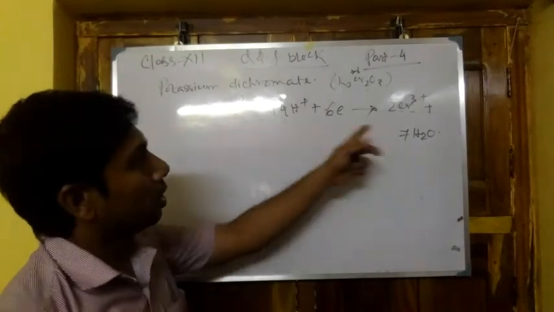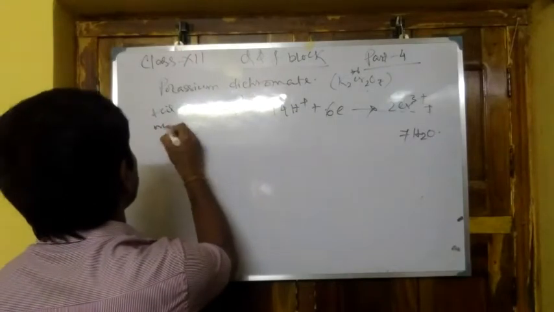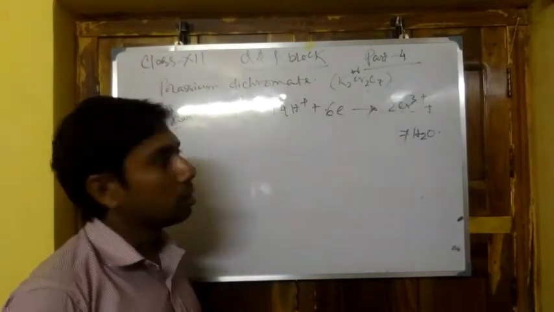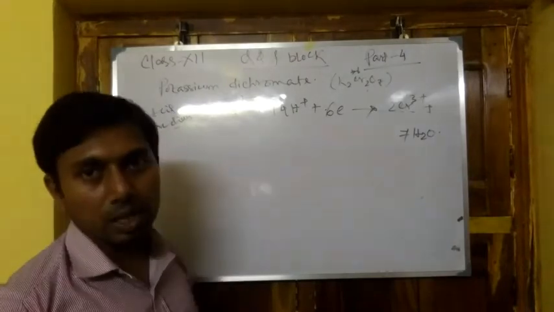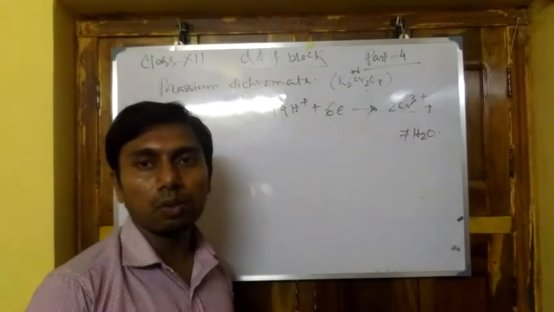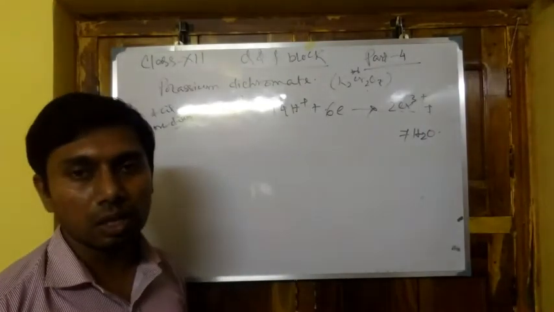It is the half reaction in the acid medium. It takes place only on the dichromate side, and on the other side there will be another half reaction, such as iodide to iodine, and also iron 2 to iron 3, etc.